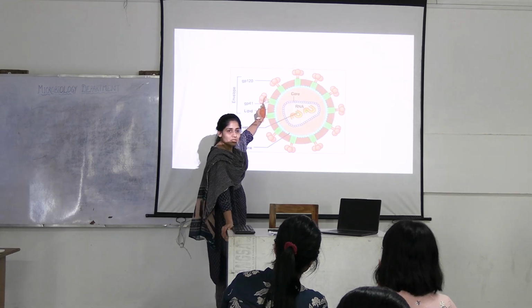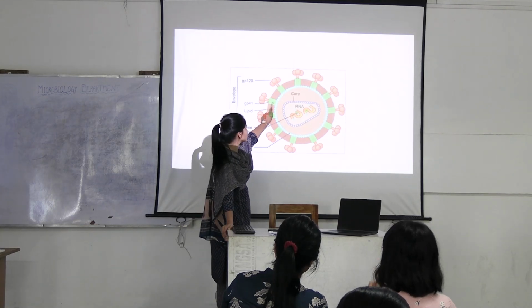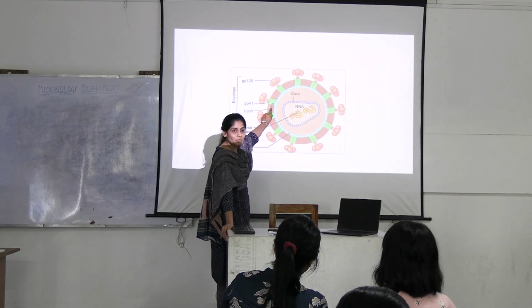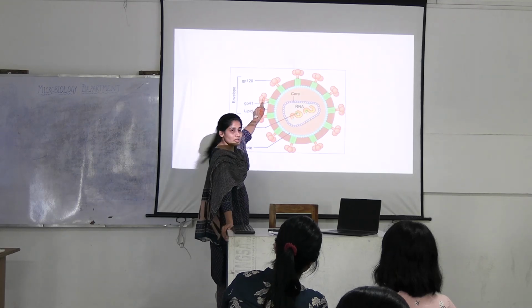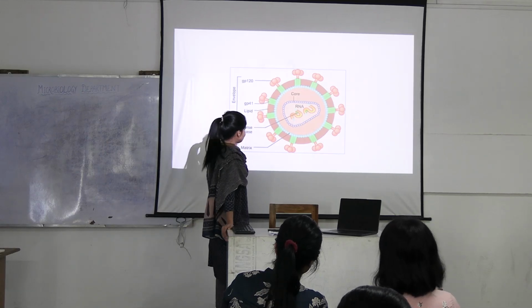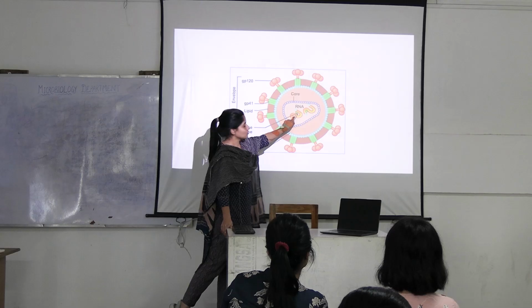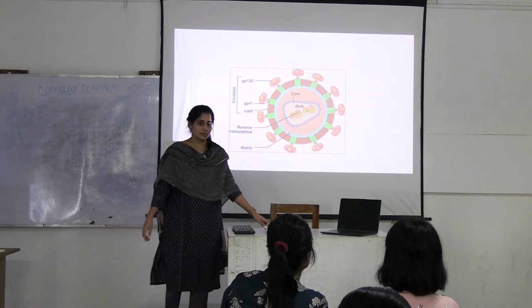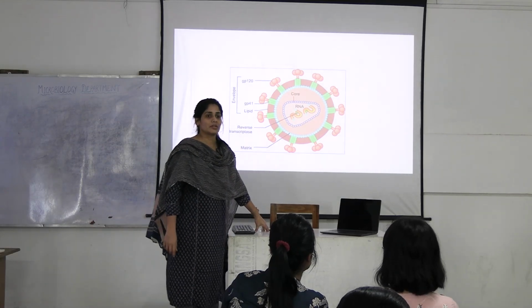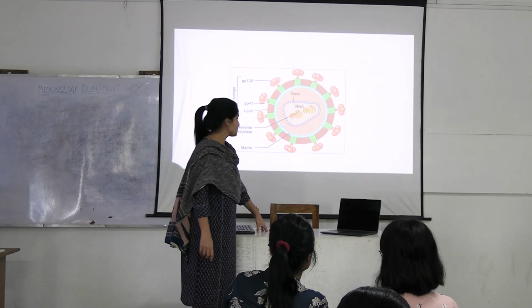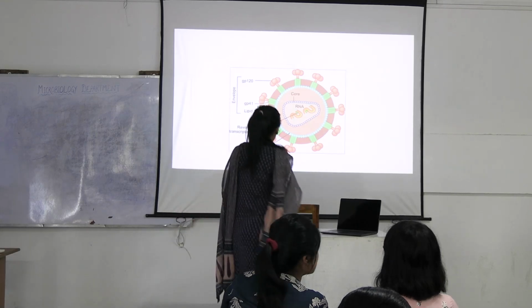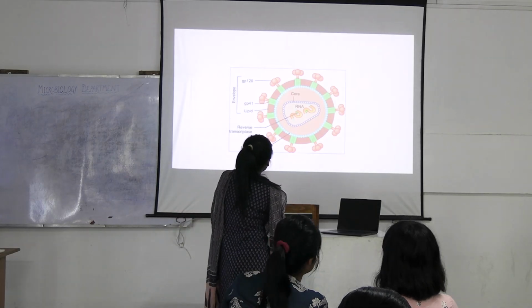This mushroom-like structure is GP120. Attached to this is GP41. What does this thing do? GP120 attaches to the CD4 surface, and GP41 does the fusion. Okay. Then, the most important characteristic, presence of reverse transcriptase enzyme. Okay. Easy to tell.